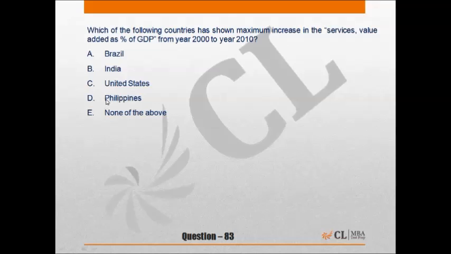Come to the last question of this set. Which of the following countries has shown the maximum increase in the services value added as a percentage of GDP from year 2000 to 2010? Again, we have got four options to check the given parameter.